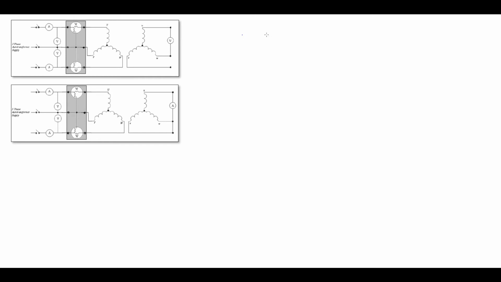So we have our transformer primary side, and secondary side, and we connect them in Y connection. The circuit shown in this diagram shows the two wattmeter method. So we have one wattmeter here, and the other one here.